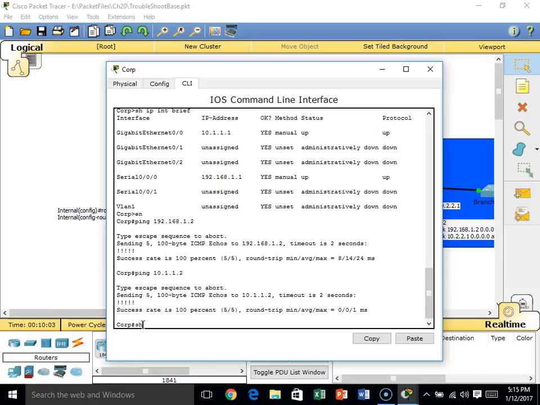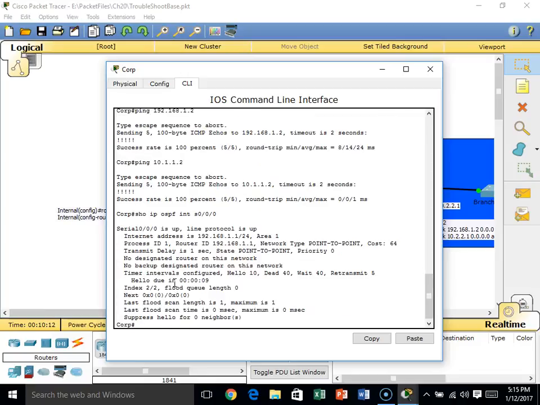The next thing he wants to do, and we're going to get to the problems in a few minutes, is show IP OSPF interface 0/0/0. When we do that, on 192.168 the hello is due in 9 seconds, so we're getting hellos on this thing. Suppress hello for 0 neighbors. The hello and dead timers: the hello is still 10 and the dead 40.